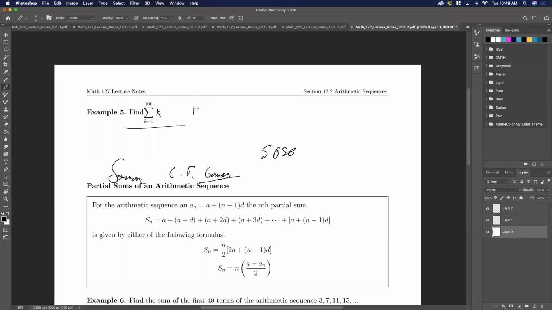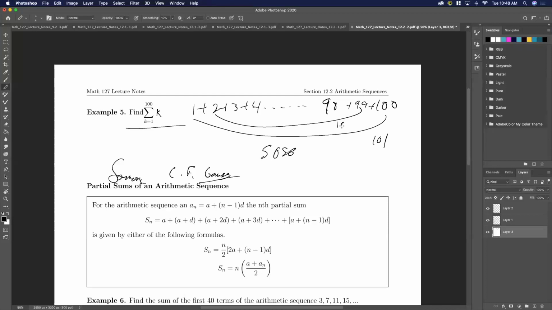He said, well, if I add up all the numbers 1, 2, 3, 4, onward to, we'll just do the last couple, 98, 99, and 100, if I add up these two, I get 101. If I add up these two, I get 101.